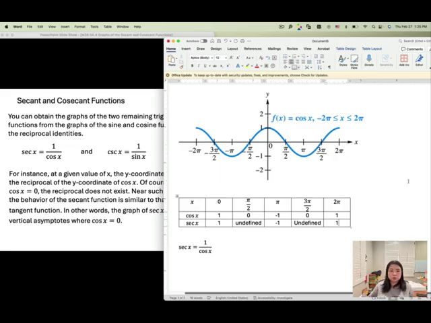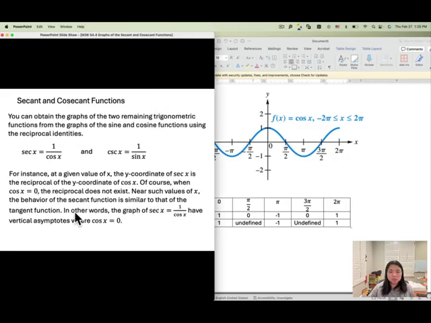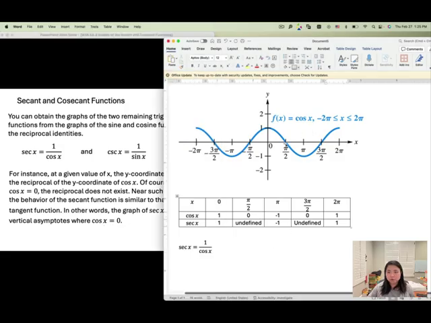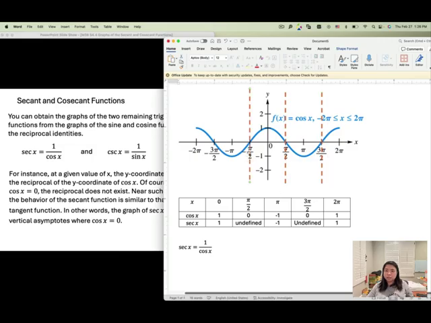So from here, the graph of secant x has a vertical asymptote when cosine x is equal to 0. We could see when cosine x equals 0, I will have the asymptote here. Same idea for this part. Also, when x equals negative pi over 2, cosine will be equal to 0, so this is also a vertical asymptote.